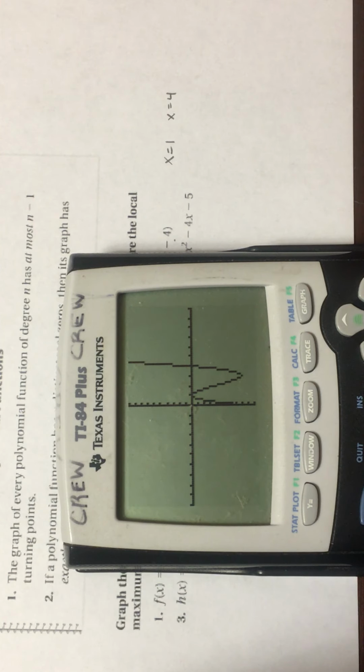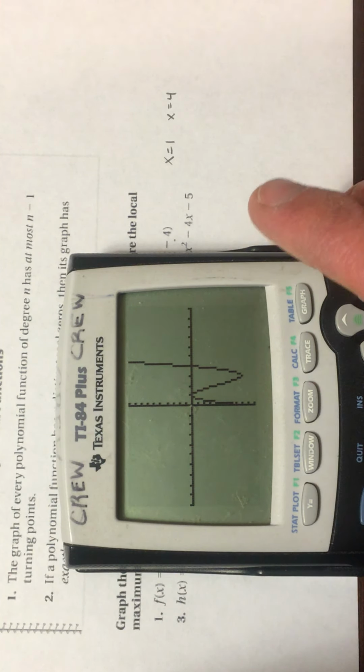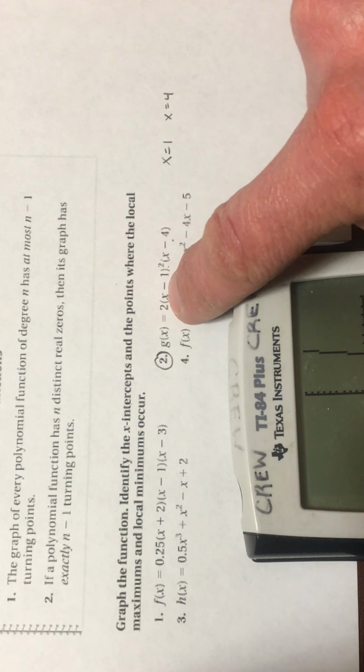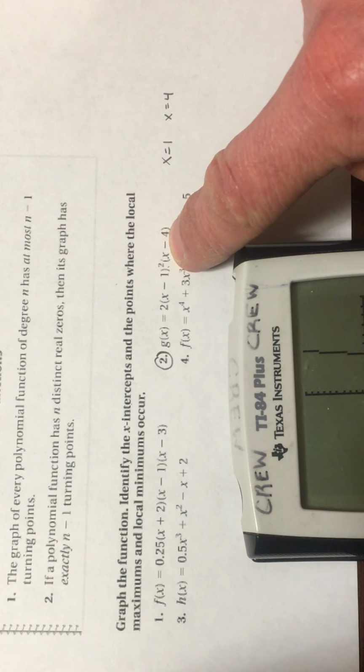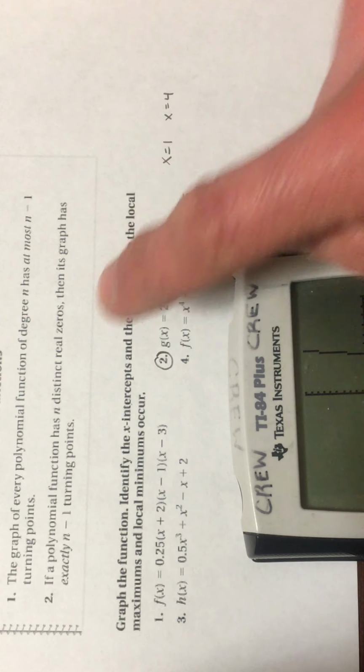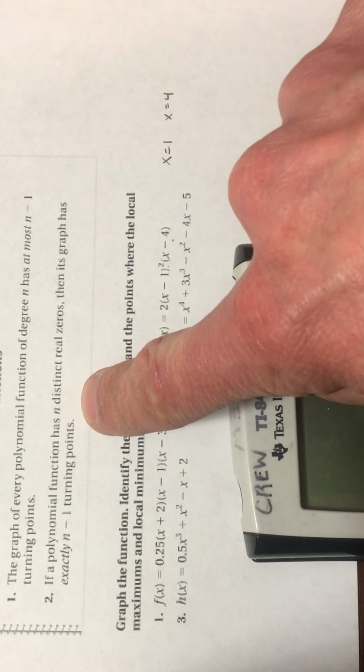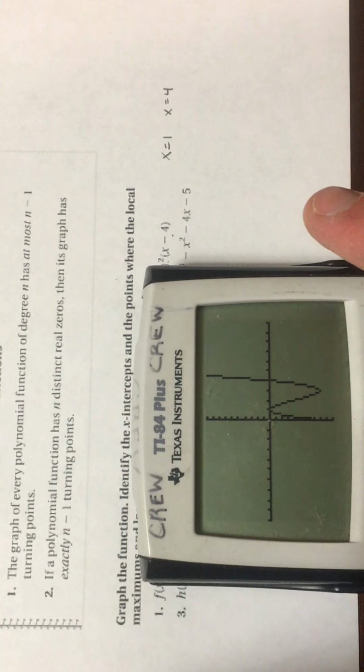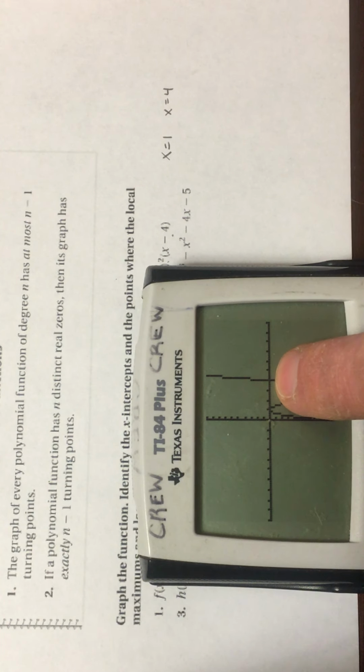Looking at the polynomial, you got an x squared here times another x, so we have an x cubed if we were to multiply this all out. If we go back up to our little box here, we can see that it has 2 zeros, one at 1 and one at 4, from our problem.